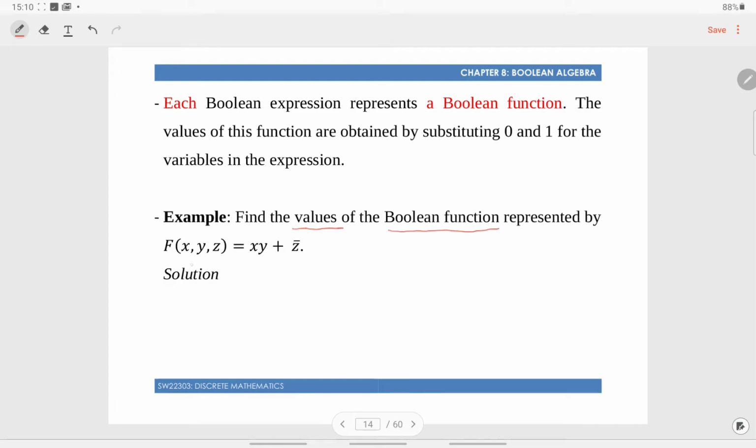We have three inputs, x, y, and z. The function is x times y plus z complement. All right, we have three inputs, x, y, and z. That means we need to list down all the possible arrangements for these three inputs.